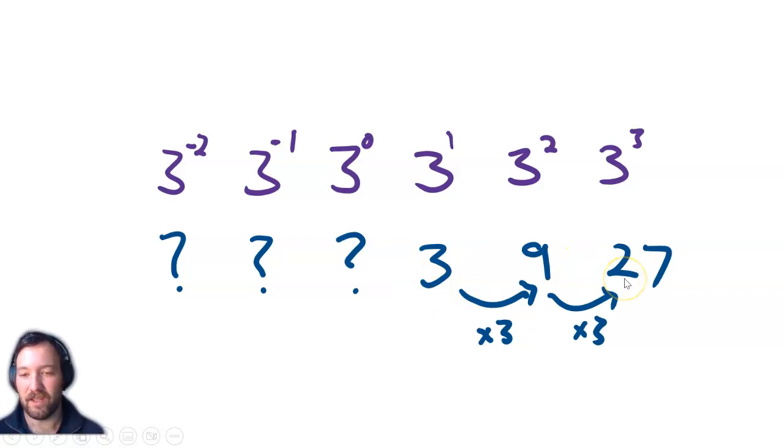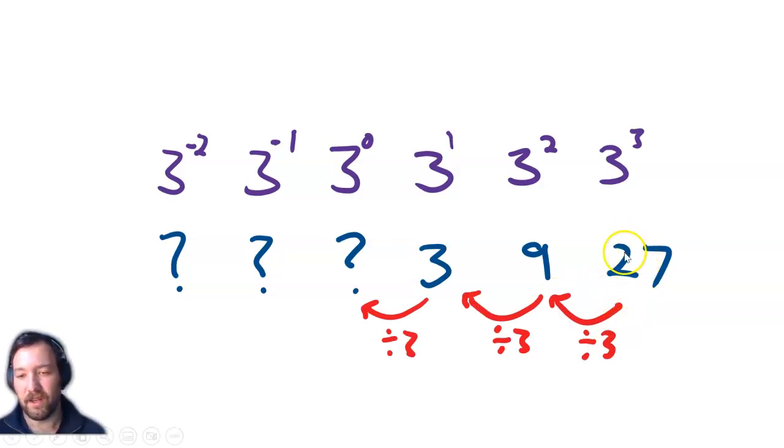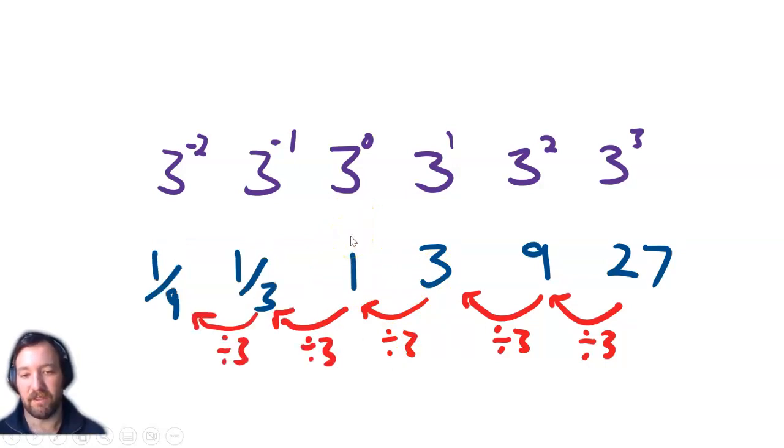What's the reverse of multiplying by 3? It's dividing by 3. To get from 27 to 9, I divide by 3. To get from 9 to 3, I divide by 3. And then what's going to go here? I divide by 3 again. So what ought to be 3 to the 0? It's 3 over 3, or 1.